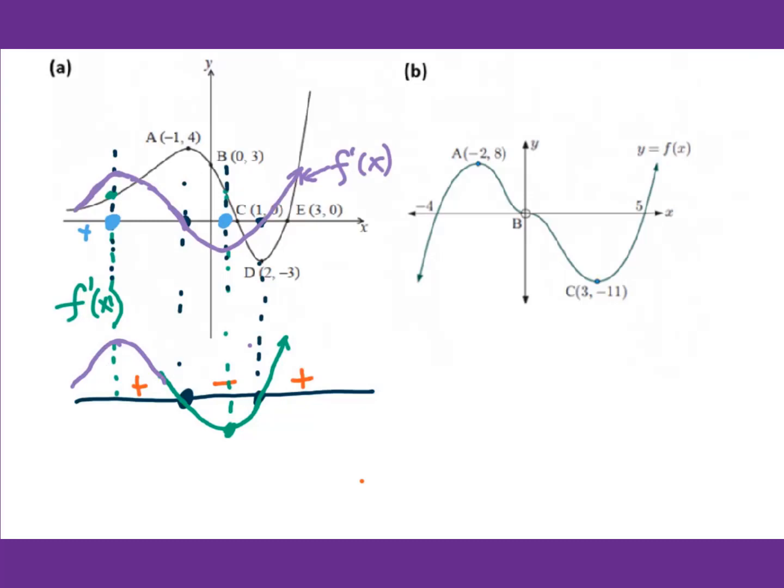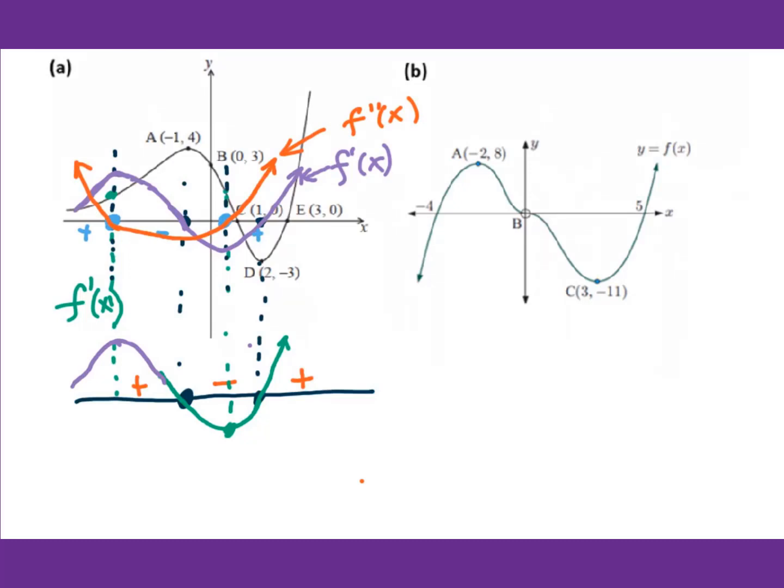Going down, that is concave down, so here is a negative. Concave up, here is a positive. So you just need to connect these two. Then going up. That's it. This will be the second derivative function.